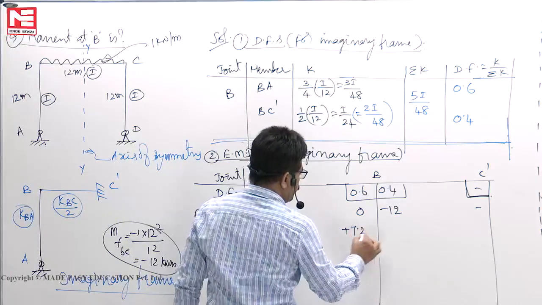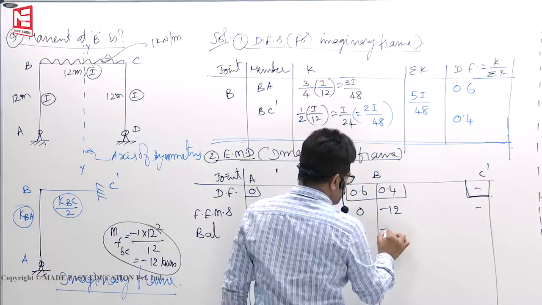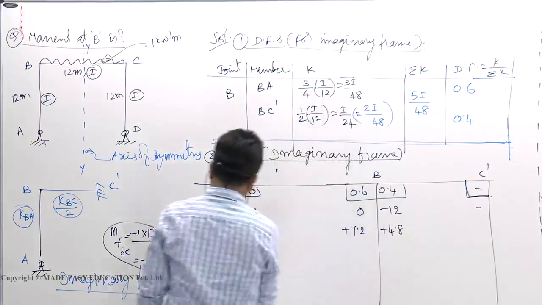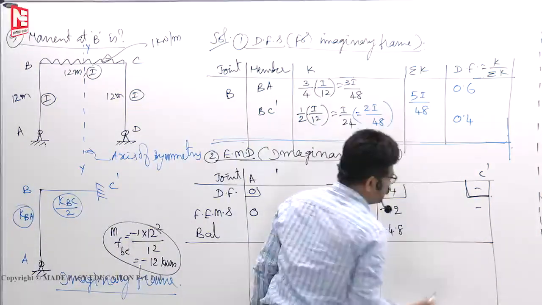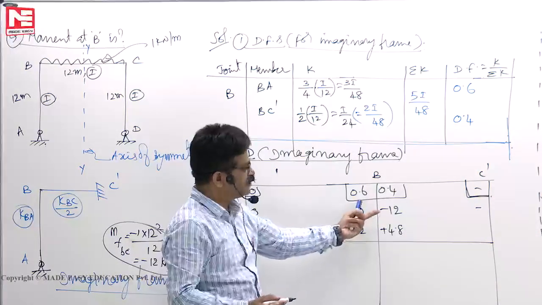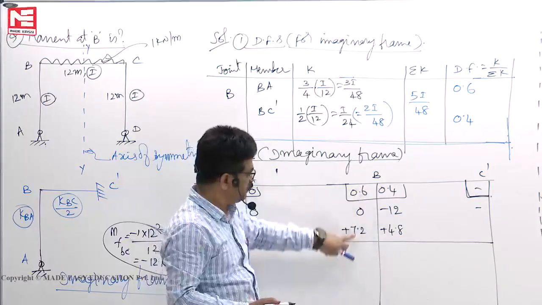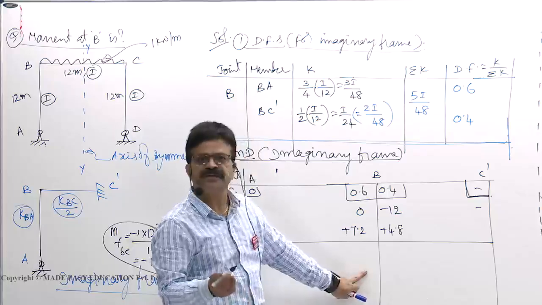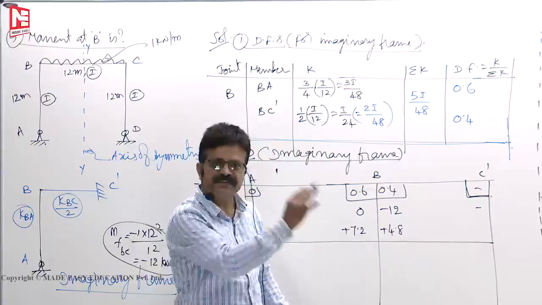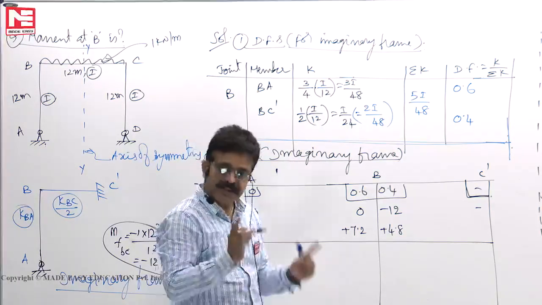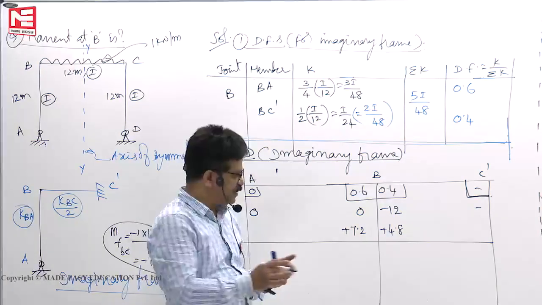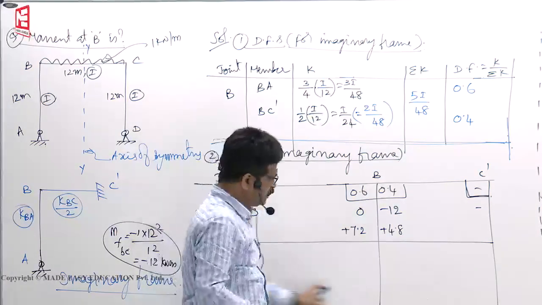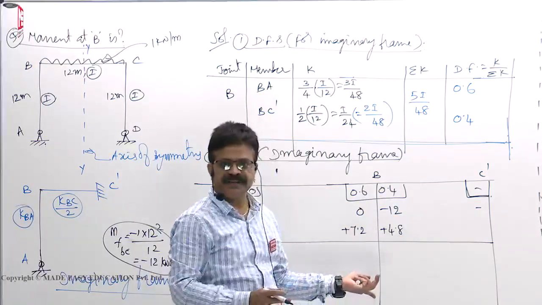Plus 12 into 0.4 means plus 4.8. Your 1 minute by this time it will be over. So, 7.2, after carryover moment, all that nonsense, you write it, moment at B, you get 7.2 only. Stop the work, 7.2 you take it. But I am assuming that you are learning it for the first time, so the process I am giving. Finally moment at B is 7.2 we can write.